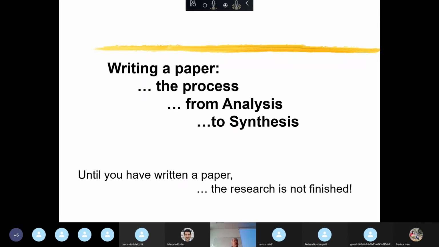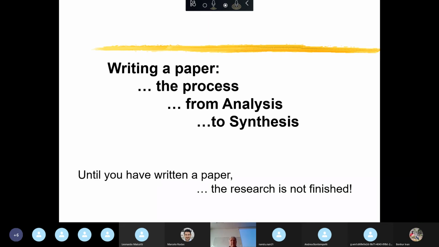What does writing mean? Synthesis. It means really trying out what the key arguments are that you can make, as understood by the target audience, based on your results.